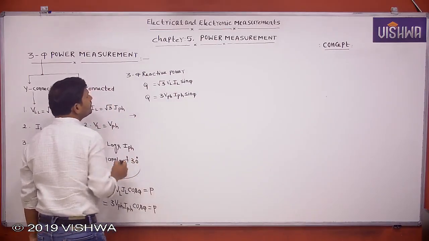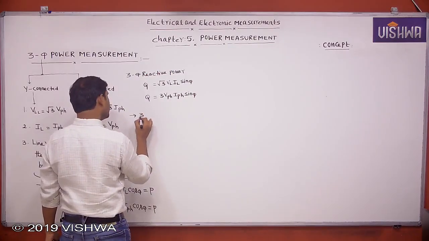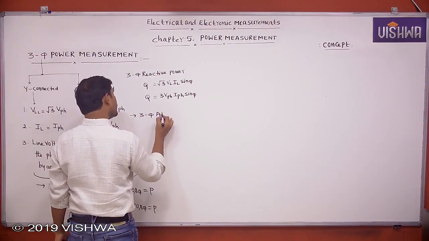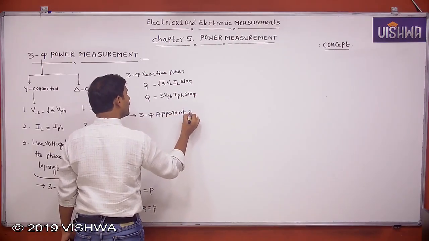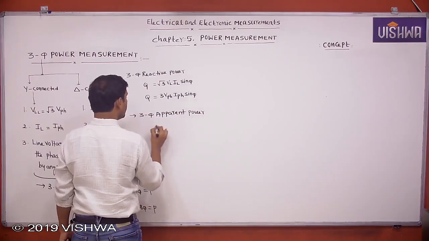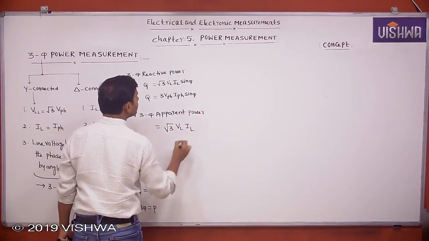One more formula, three phase apparent power, is equal to √3 VL IL.